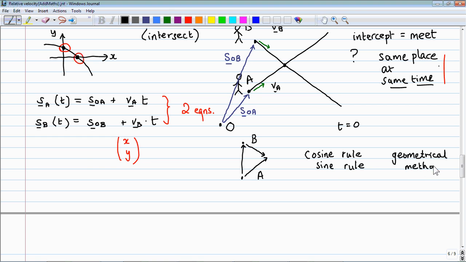They tend to focus on this geometrical method of using a displacement triangle. Just as when we studied relative velocity examples in the last video, we used velocity triangles, in other words triangles of velocity vectors. Here we can use triangles of displacement vectors to solve the problem. We need to use displacement here because we're interested not just in how fast things are travelling but whether they meet. But the method I'm going to show you is what we might call the vector method.